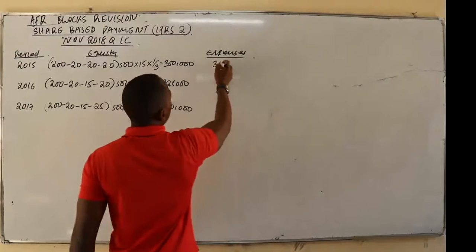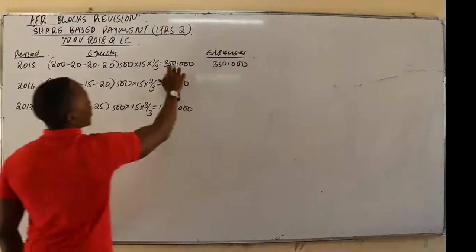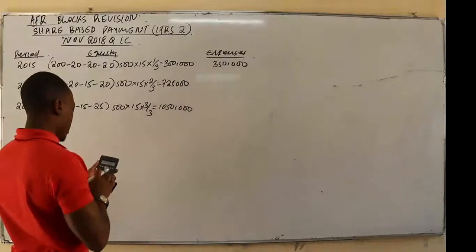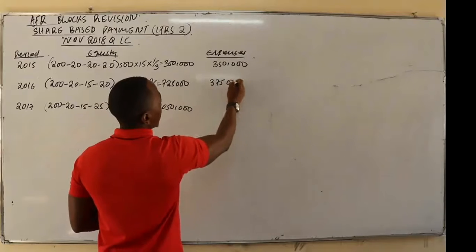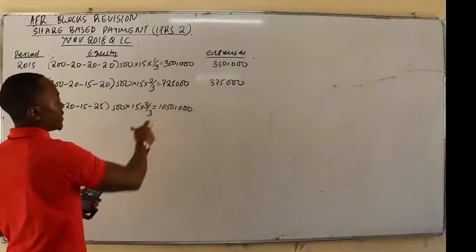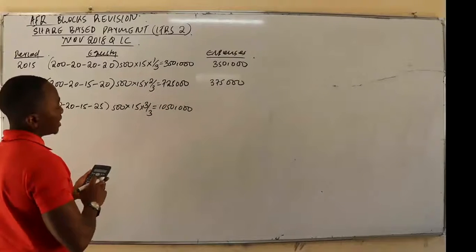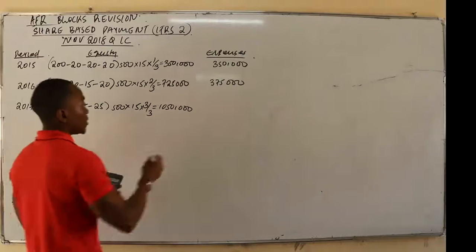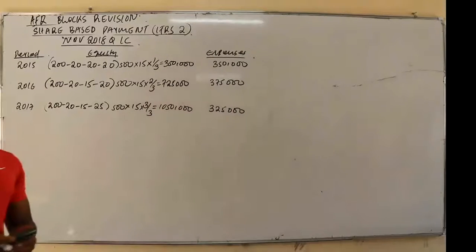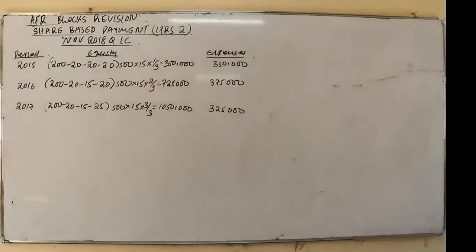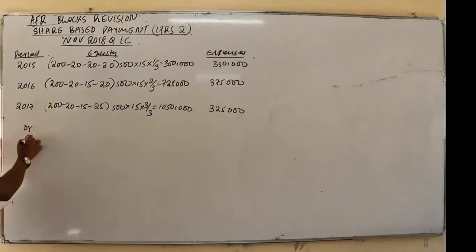From 350 to 725, there is an increment of 375. From 725 to 1050, there is an increment of 325. So what do you present to the balance sheet? What do you debit and what do you credit?